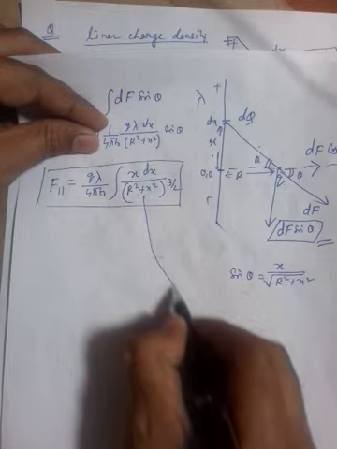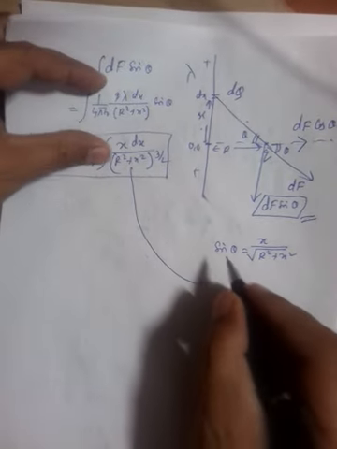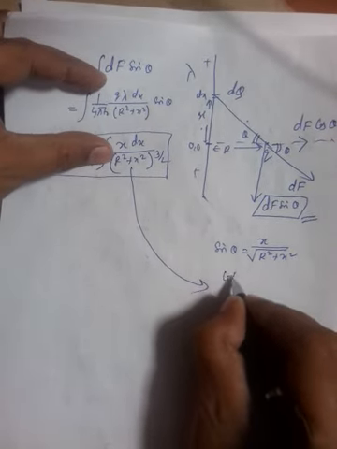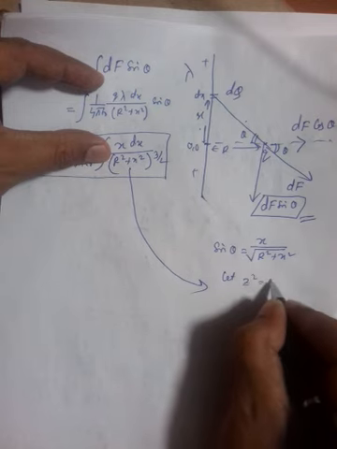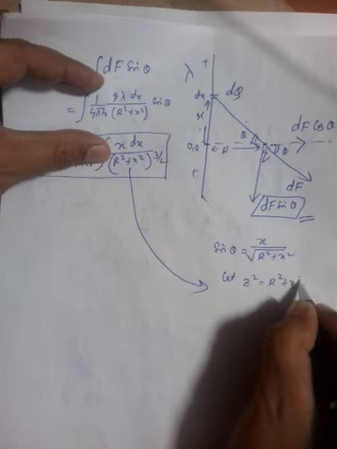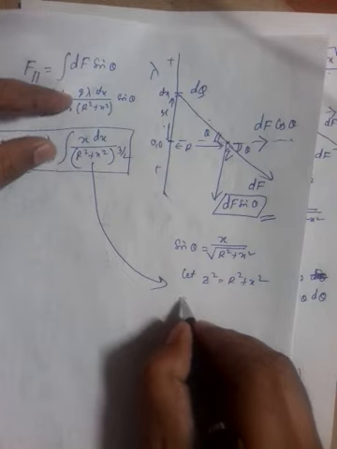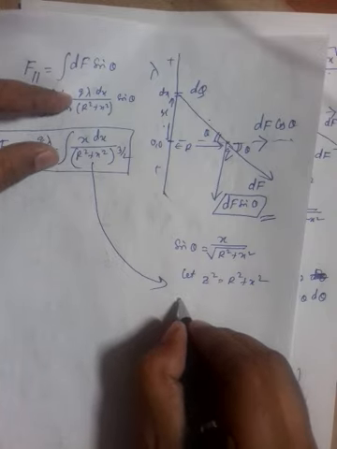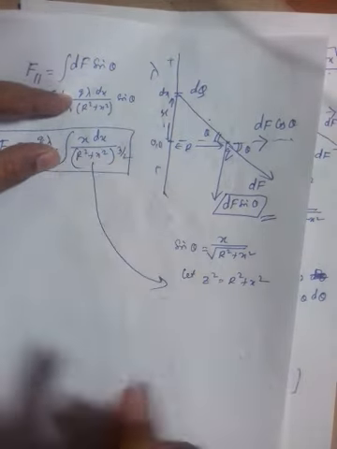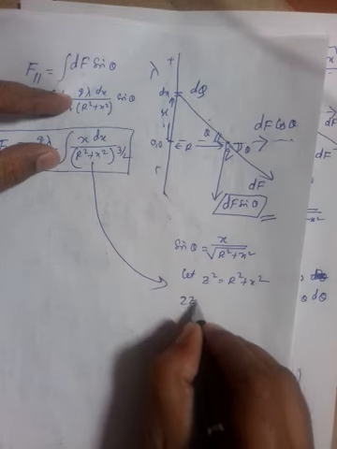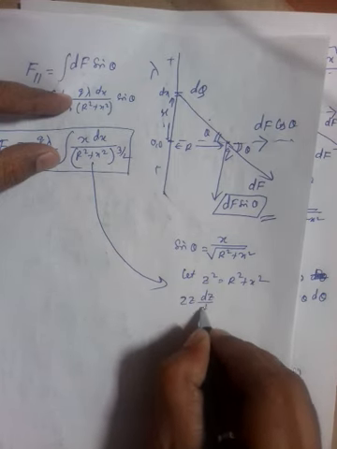For that, let me consider this term. Let z square equal to r square plus x square. I am differentiating with respect to x because x is the variable. So it is twice z dz by dx.